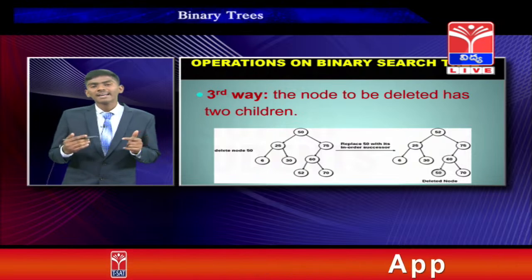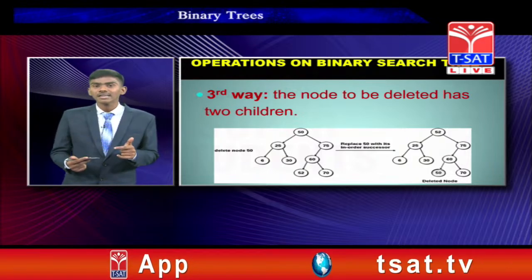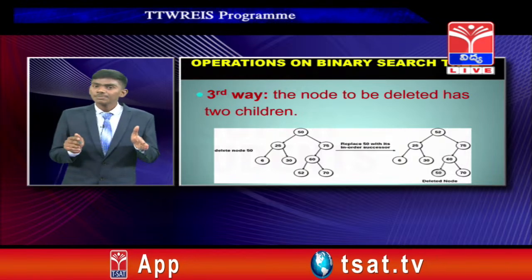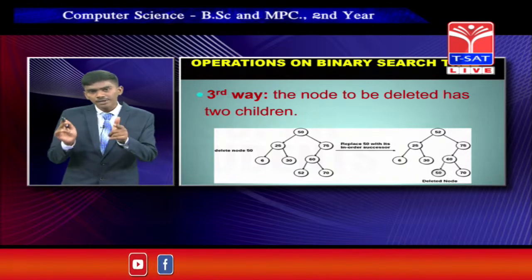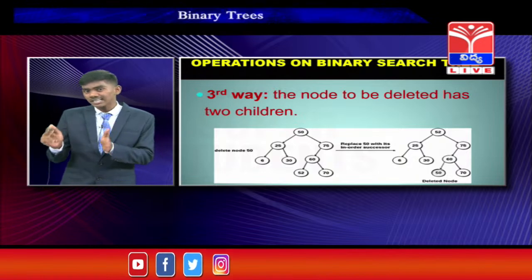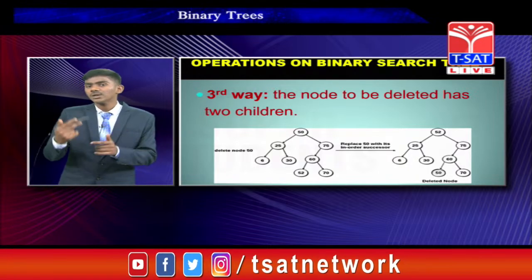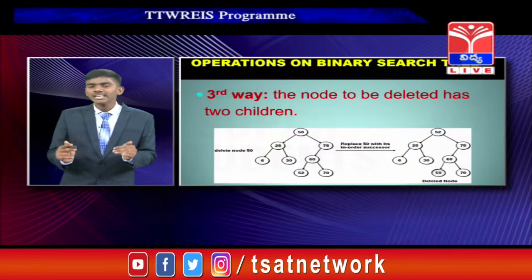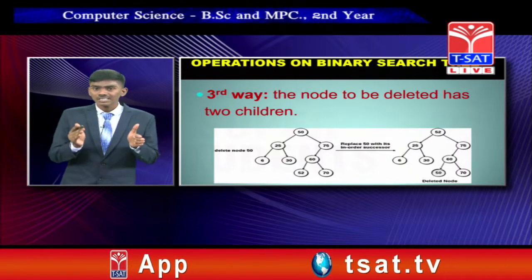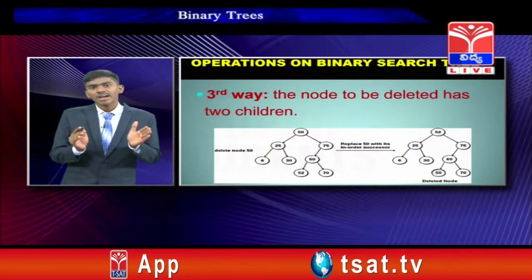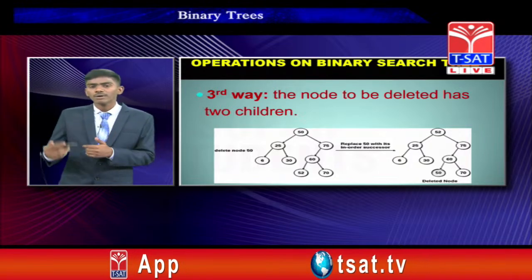Why? Because a binary search tree is a binary tree in which the left subtree contains smaller values than the root node, and the right subtree contains higher values than the root node. So while deleting a node with 2 children, we must replace that node with its left subtree's highest value or right subtree's lowest value.